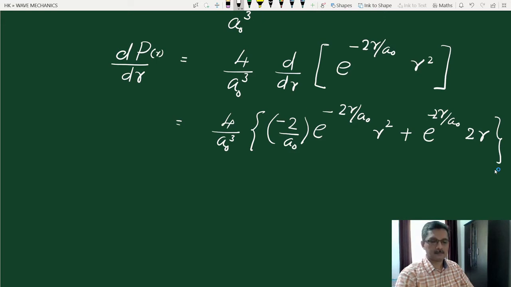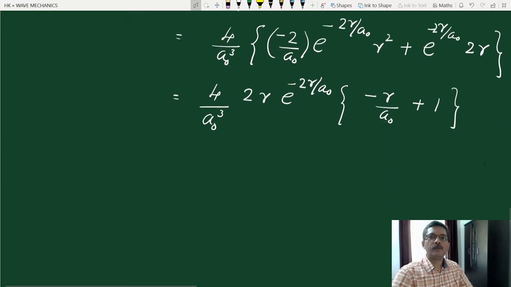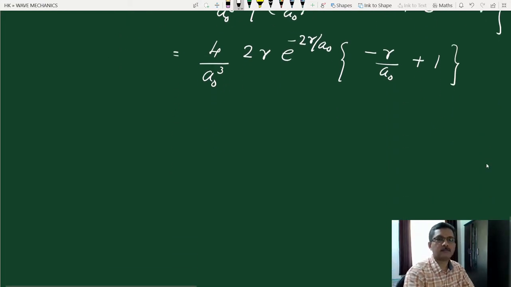Now let us take the common terms outside. The common terms are 2r e raised to minus 2r by a0. What is remaining? In the first term we will have minus r by a0. In the second term all the terms are taken out, so plus 1. Now this is d by dr of P of r.